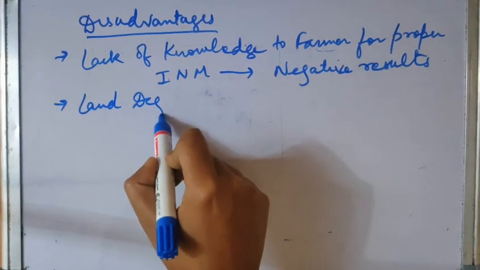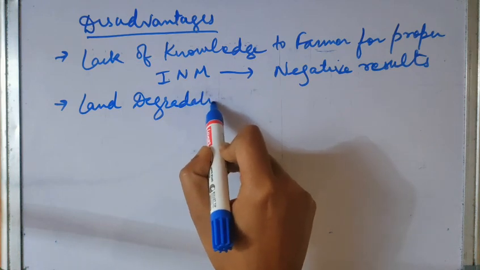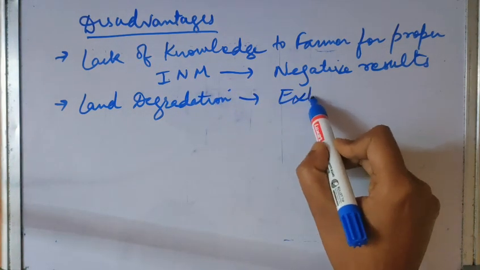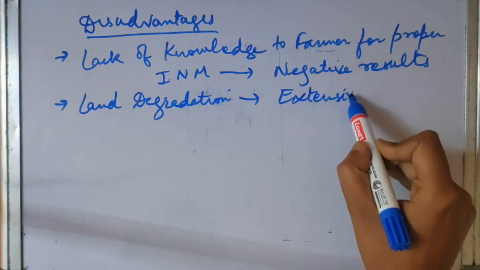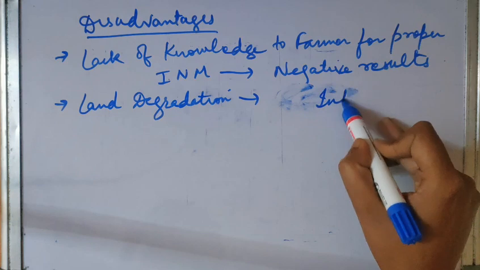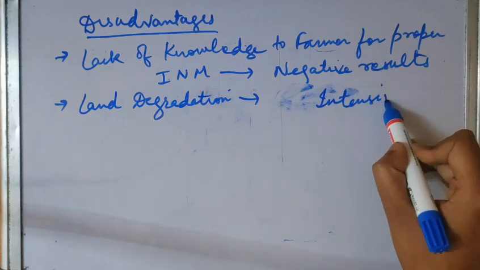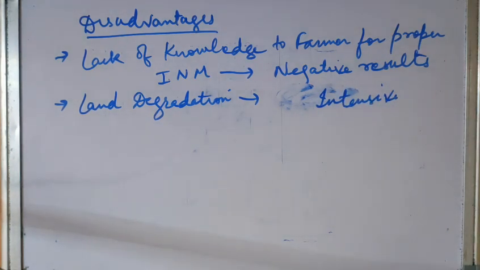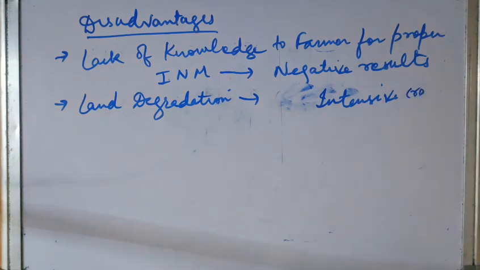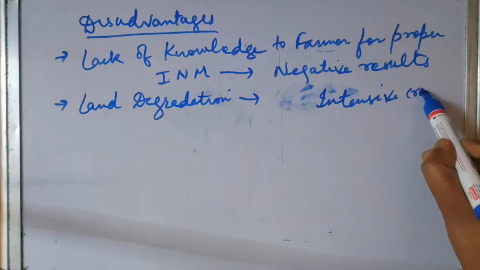Land degradation due to intensive cropping. What farmers' mindset is that they think we have done INM, now we can crop in happy amounts, so that leads to erosion and degradation of the land.